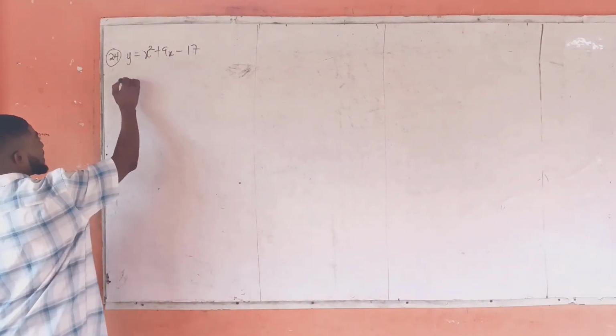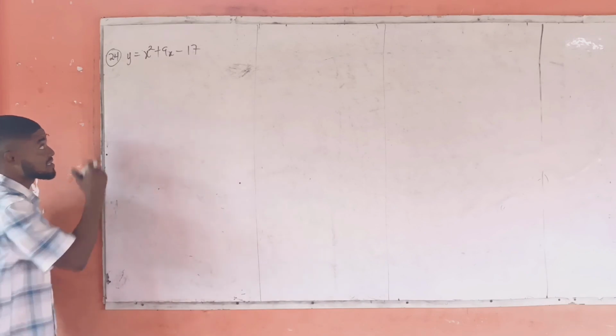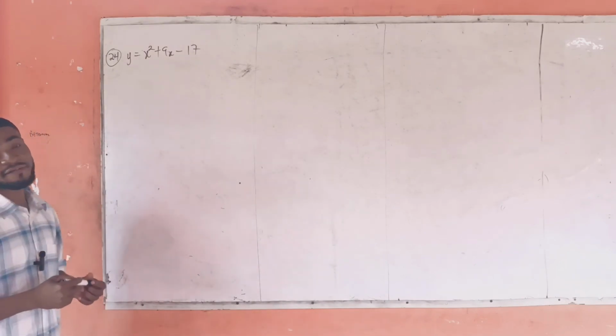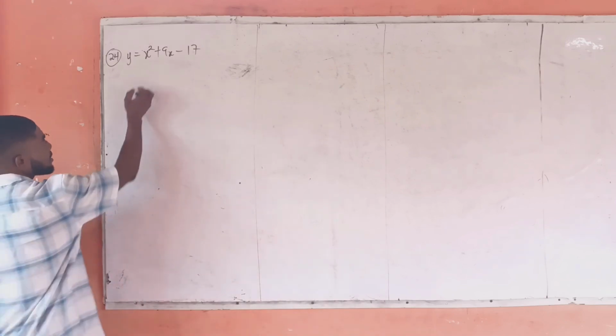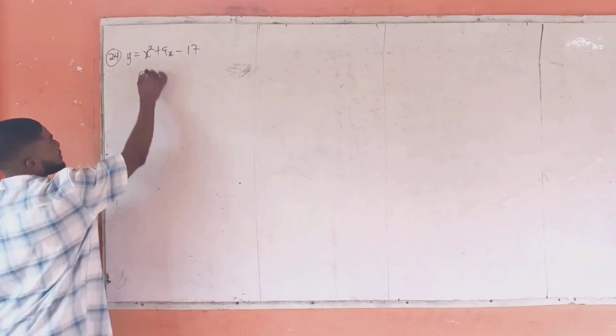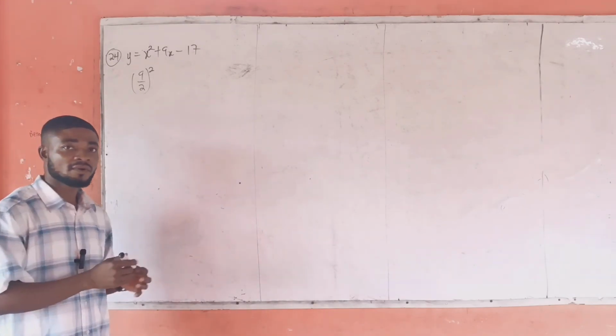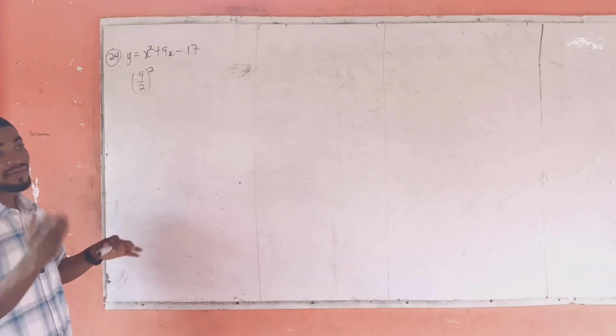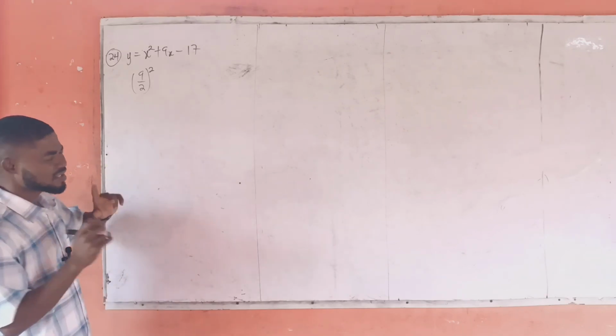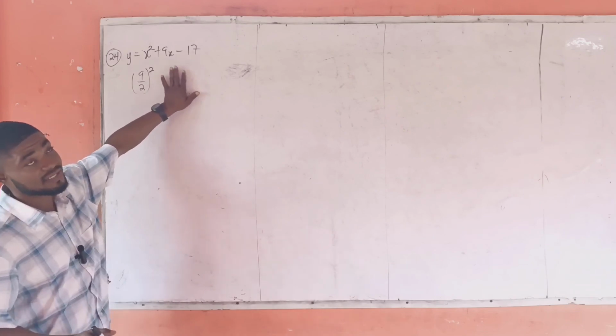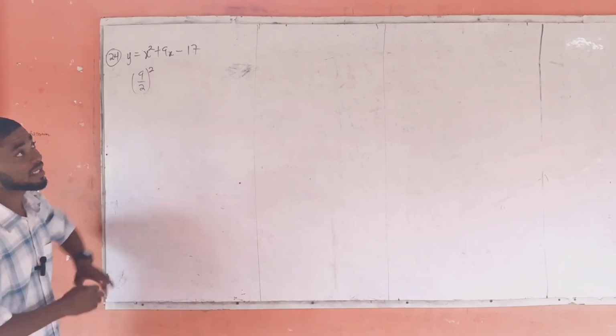We know the b from this concept is 9. So we find half of 9. It's going to be 9 over 2, and then we square it. We add and subtract from the right hand side, because we want to focus on this side.